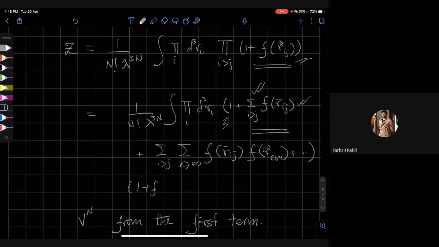Then this factor is going to be one plus f12, one plus f13, one plus f23. So if I now multiply this, I get 1 plus f12 plus f13 plus f23 and so on. Yes, the summation of the multiplied terms. Yeah, exactly.